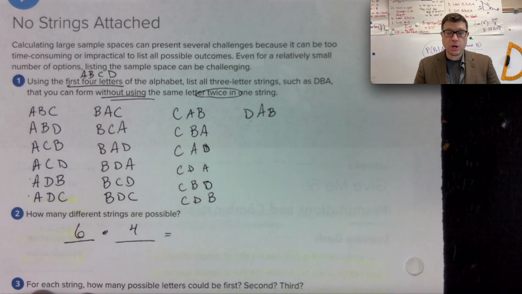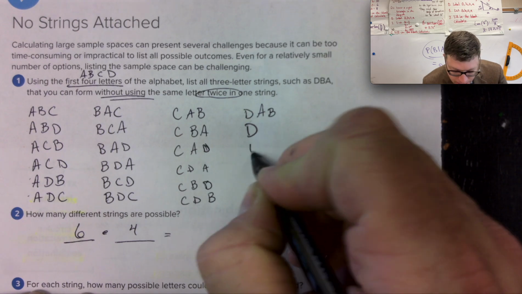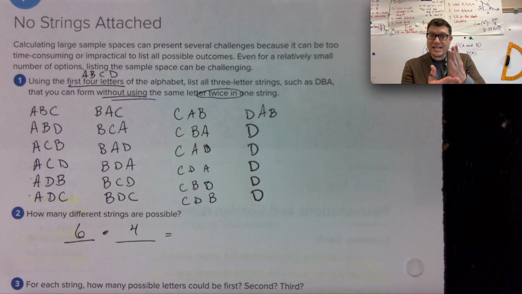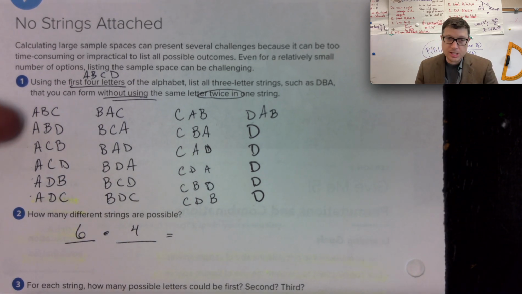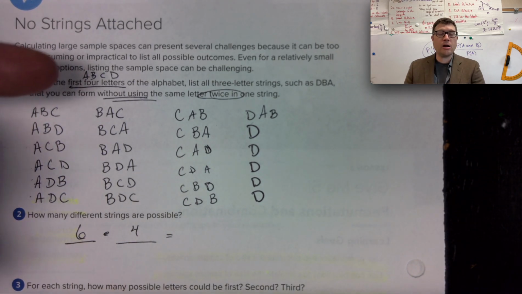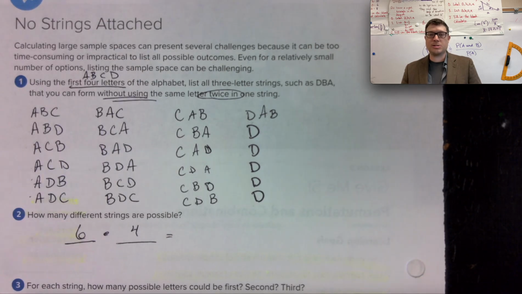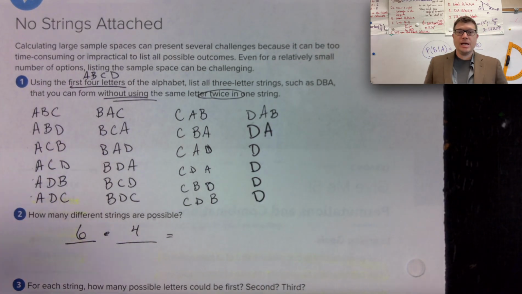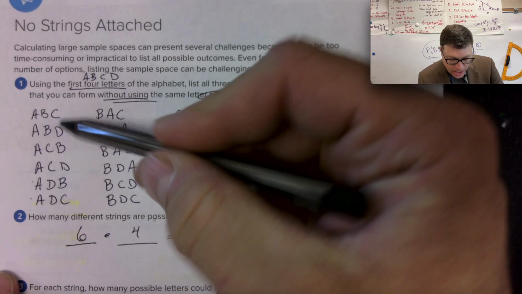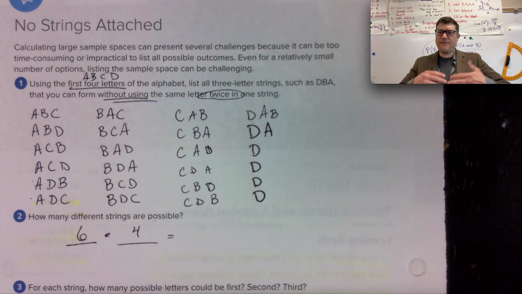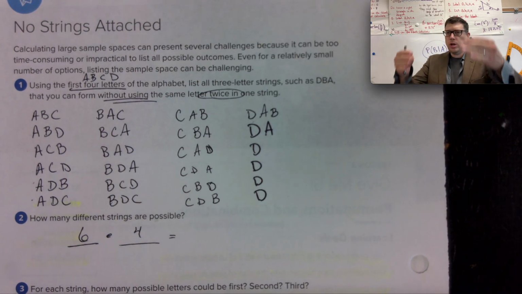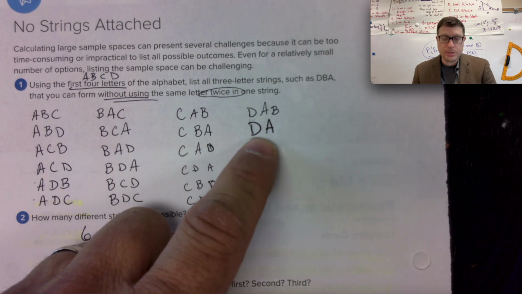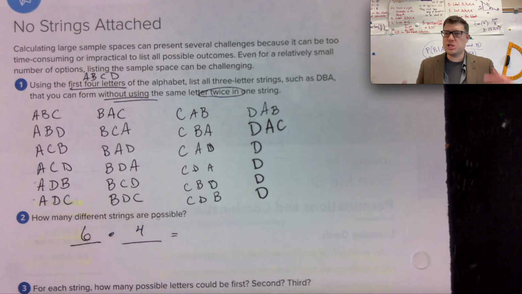In the 4th column, D, there are 6 arrangements where D is the first letter, because there were 6 arrangements where A was the first letter, and 6 where B was, and 6 where C was the first letter. Now, my second letter choice is A, and if I put that letter down twice, I can capture all the different arrangements where that second letter shows up, and then the third letter is just whatever's left.